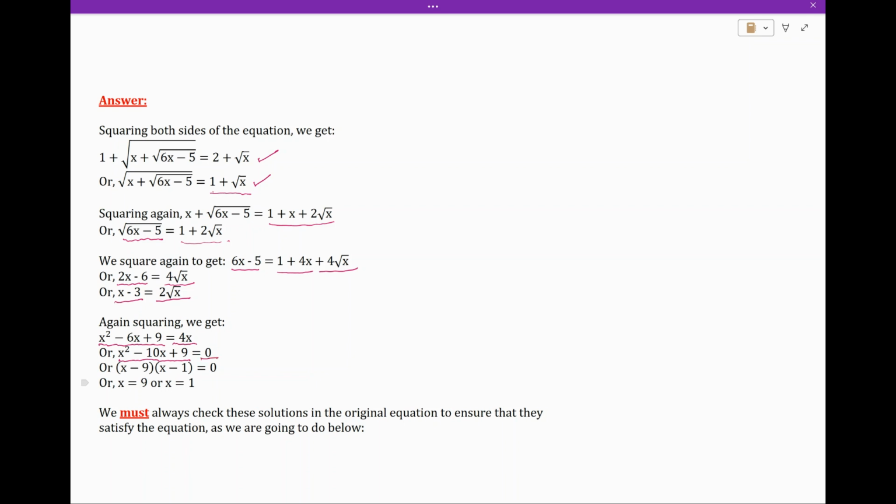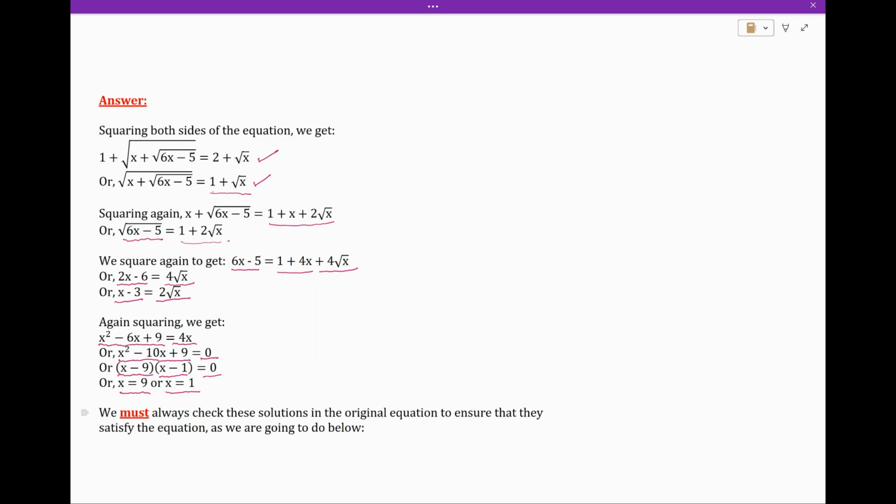If we factorize the left hand side of this equation, we get x minus 9 multiplied by x minus 1 is equal to 0. Therefore, we conclude that x is equal to 9 or x is equal to 1.